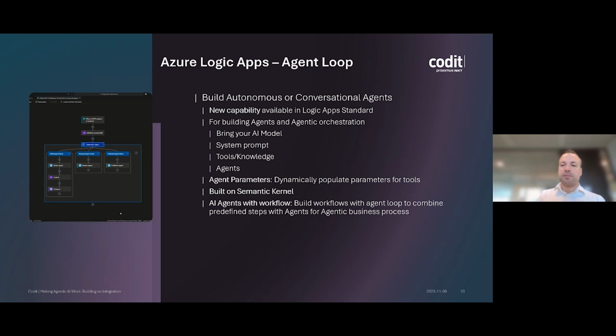So in Logic Apps, we now have the agent loop. It's a capability that allows you to build AI agents that can leverage an LLM of your choice, so the foundational model, and interact with your data and systems, so your knowledge, through those hundreds of connectors that you have as the tools or other workflows.